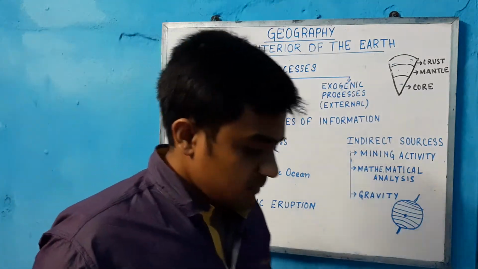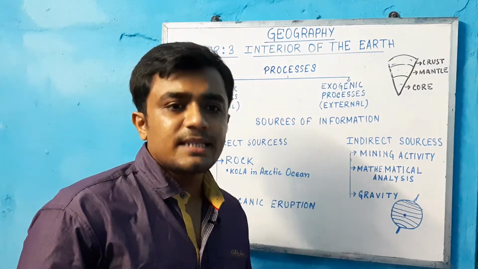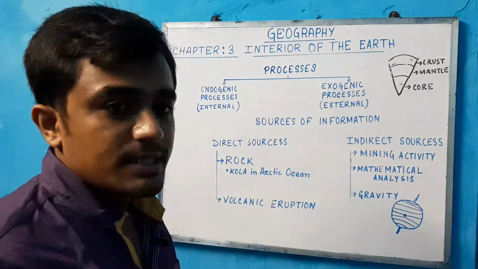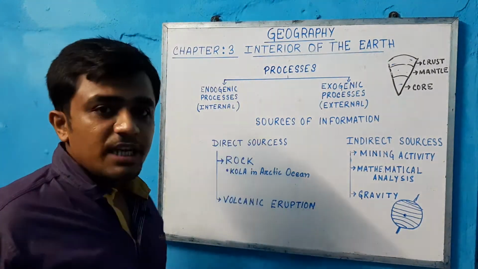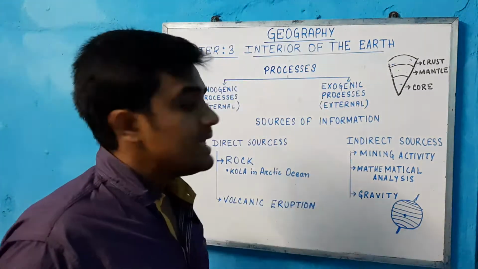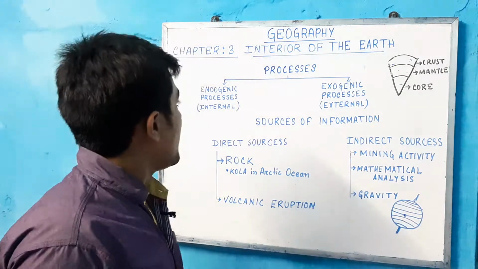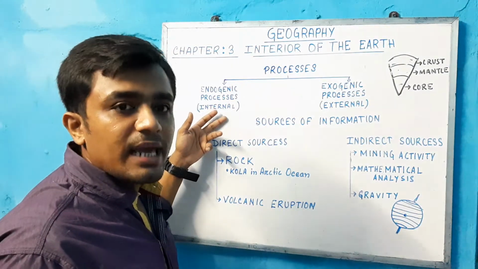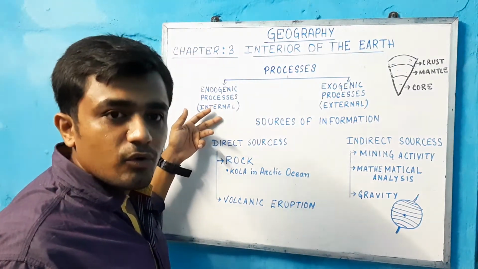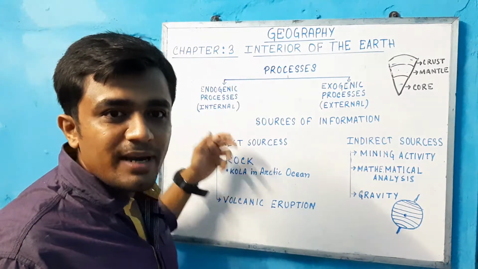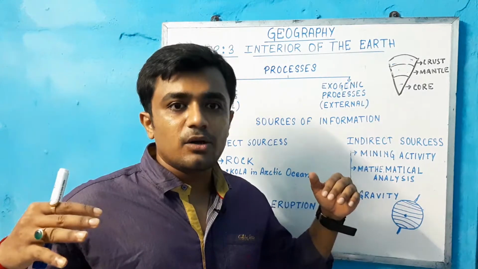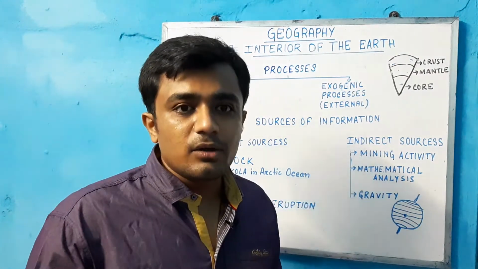So we can see various types of landscape on the earth's surface due to two processes. Number one is endogenic process and second one is exogenic process. Endogenic process means some internal process like volcanic activity, earthquake, plate tectonic movement, like convergent plate tectonic boundary, then divergent plate tectonic boundary, then transform plate tectonic boundary.